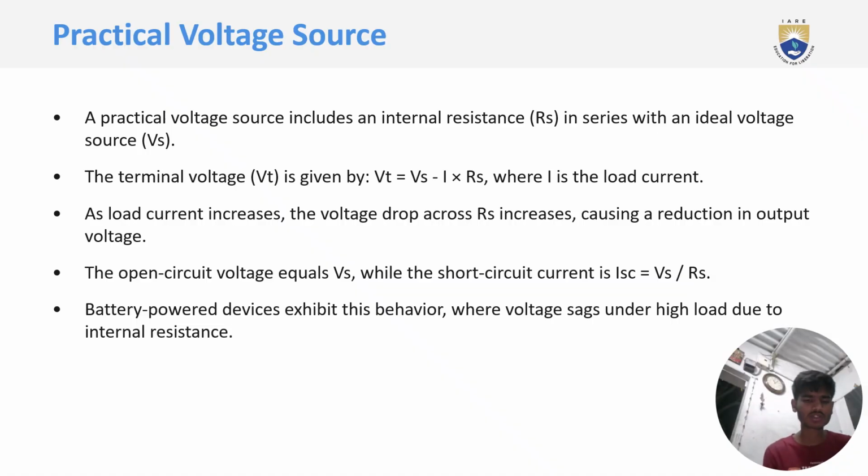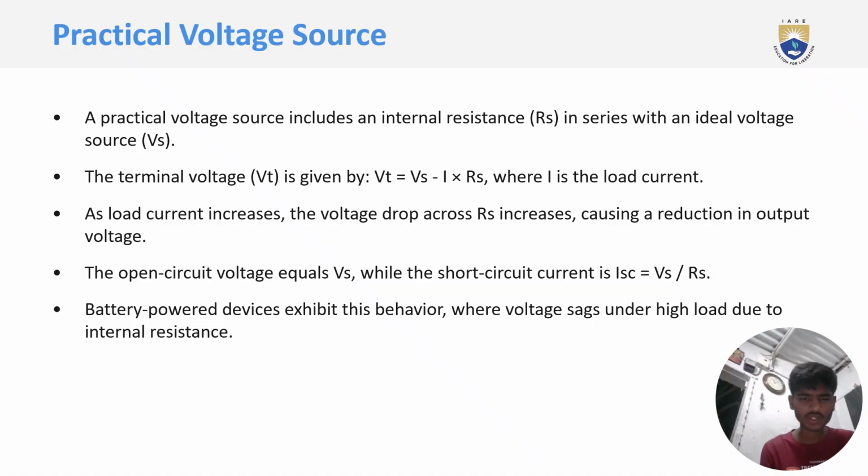Practical voltage source. A practical voltage source includes an internal resistance in series with an ideal voltage source. The terminal voltage is given by Vt equals Vs minus I times Rs, where I is the load current. As load current increases, the voltage drop across Rs increases, causing a reduction in output voltage.